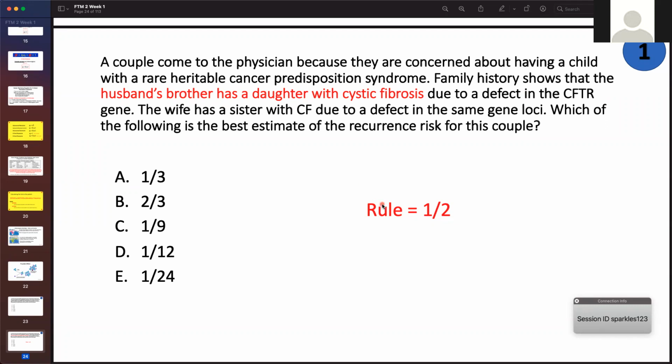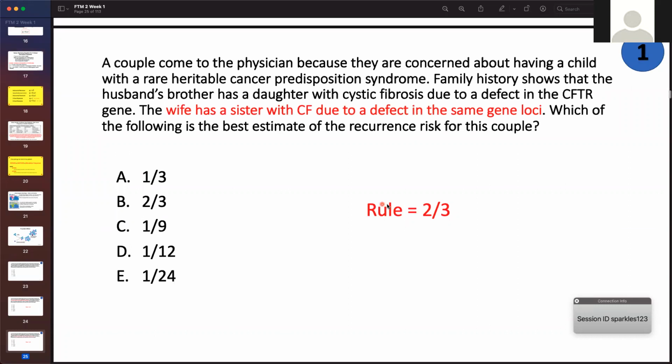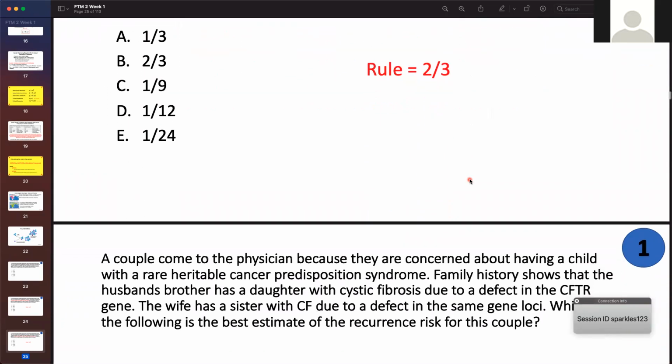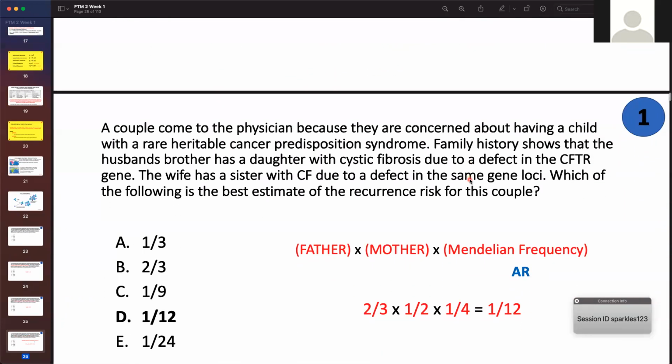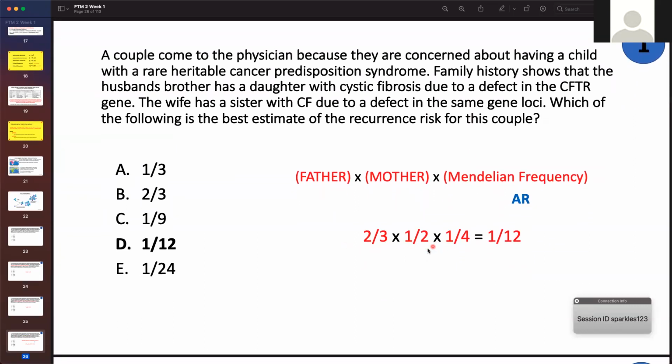And then the wife having a sister with cystic fibrosis is the whole premise of the 2/3 rule, which we learned for FTM 1. So that makes her a 2/3 risk of being a carrier. And then the Mendelian frequency for the child being at risk is 1/4. So when you multiply that together, it's 2 over 24, and then it simplifies to 1/12.